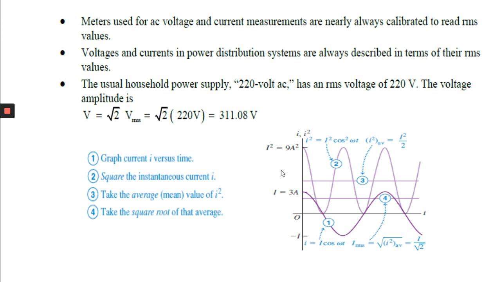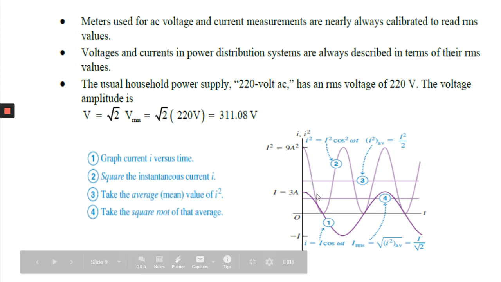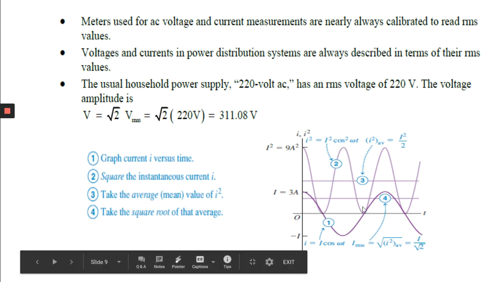Okay. Now here the graph shows the average value of current and the RMS value. See, this is the current graph, and this value is I cos omega t. This is minus I. This is your plus I. If you take the average, obviously this is the line. So what is the average value? The average value of the current is of course 0. But when you take I square, see, all are positive values. So this is your average.